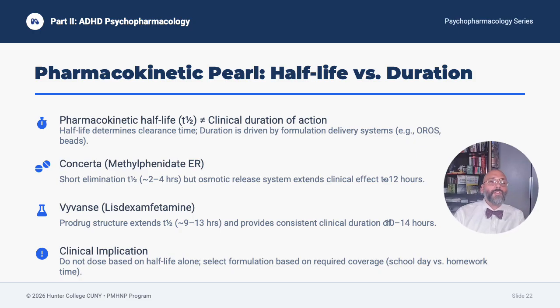School day only, school plus homework, workday and evening symptom rebound, sensitivity to late-day appetite suppression or insomnia. And then you're going to select formulation, release mechanism, and timing, not half-life alone. Half-life tells you clearance. Duration tells you function. You want to prescribe for function.